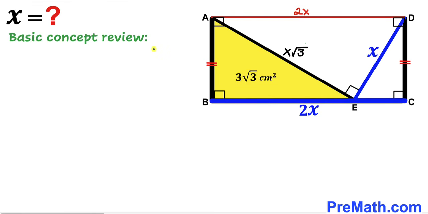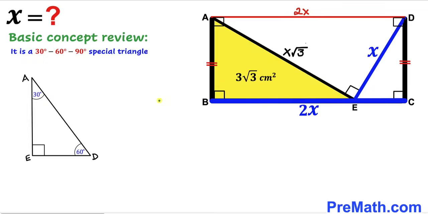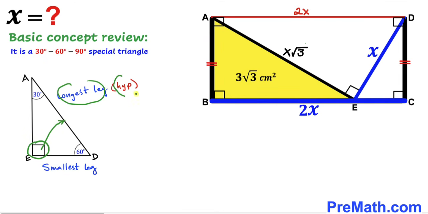Before we proceed any further, let me go over the basic concepts. And now let's focus on this triangle AED, that is our 30, 60, 90 special triangle. Since this angle is 30 degrees, this angle is 60 degrees, and this angle is our 90-degree angle. And now we can see 30 degrees is our smallest angle, so the side opposite to that smallest angle is going to be our smallest leg. And this 90 degrees is our largest angle, so the side opposite to that one is going to be our longest leg, which is also called the hypotenuse.